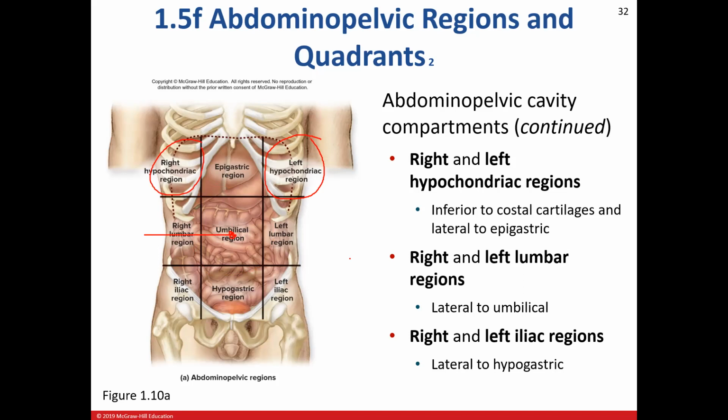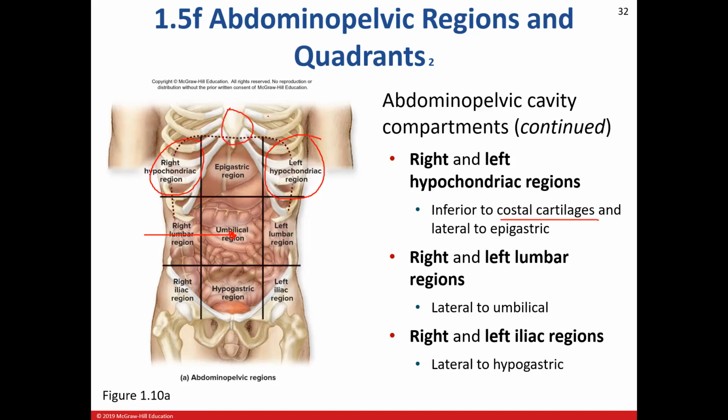This term hypochondriac refers to cartilage. So when you see hypochondriac, we're going to be referring to cartilage. And the cartilage that we're referring to are the costal cartilages. What is that? The cartilage that extends from the ribs towards the sternum or your chest bone here.